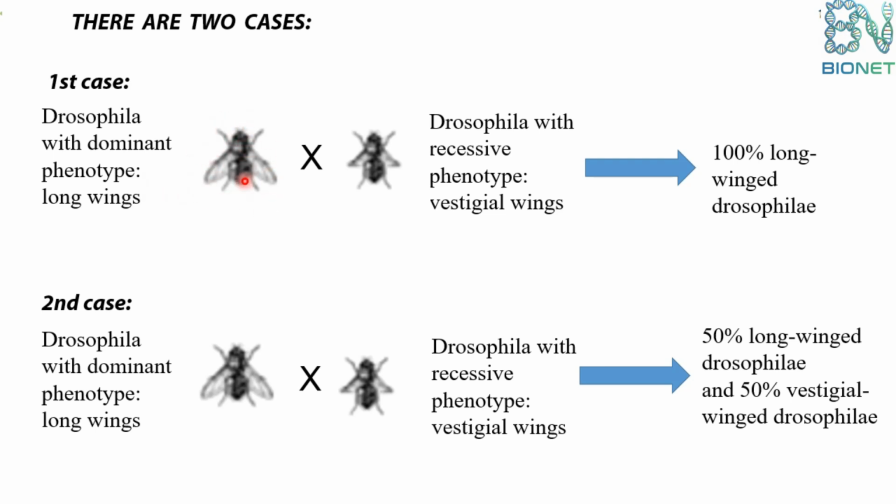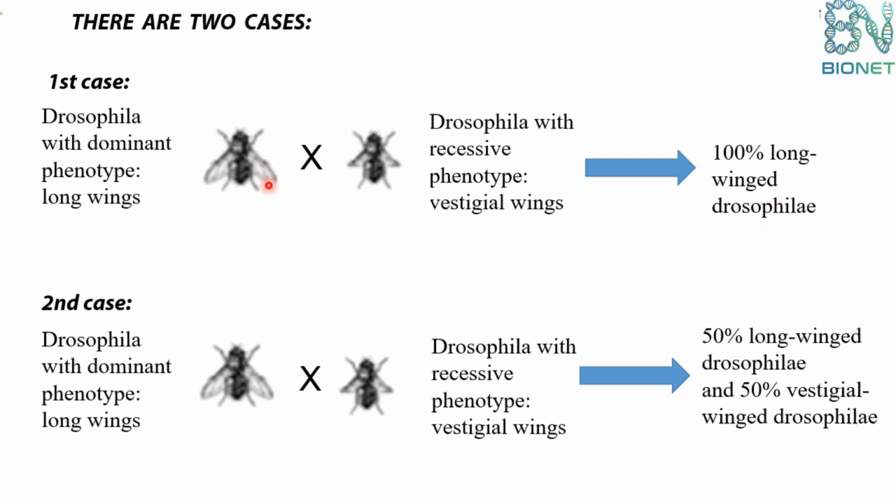We are going to make a cross between this Drosophila and another Drosophila having the recessive phenotype, and the recessive phenotype, as we know, is always homozygous. In this case, the descendants obtained are all of long wing.